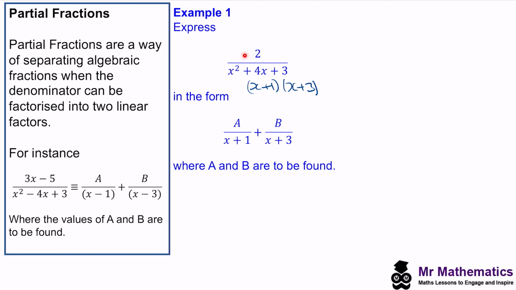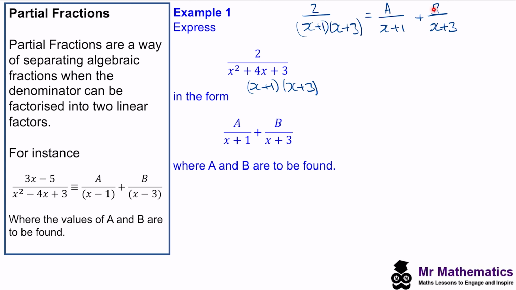So now we can write this fraction as 2 over x plus 1 multiplied by x plus 3. And this will then be equal to a constant we're going to find, over x plus 1, plus b over the other factor, x plus 3.